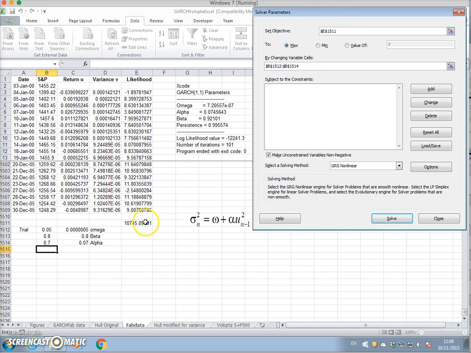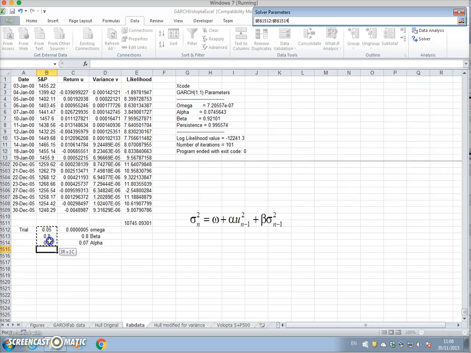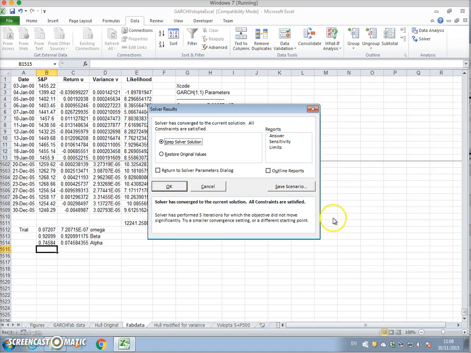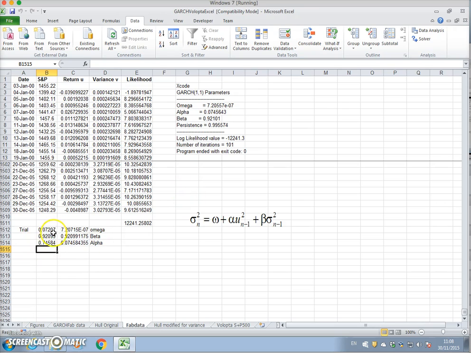E511 is this cell. Just to make that clear, we want to maximize that cell by changing these values here, and then we solve, and the values we get are the optimized values.